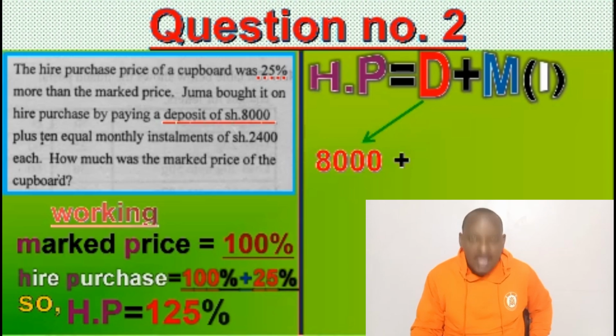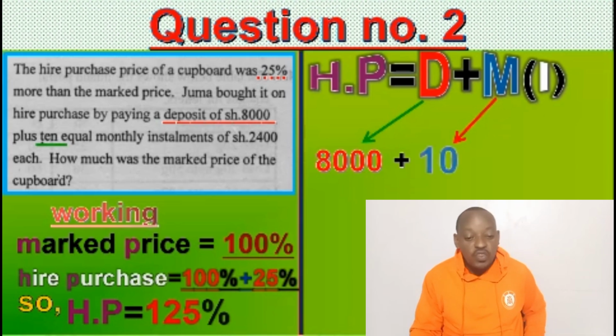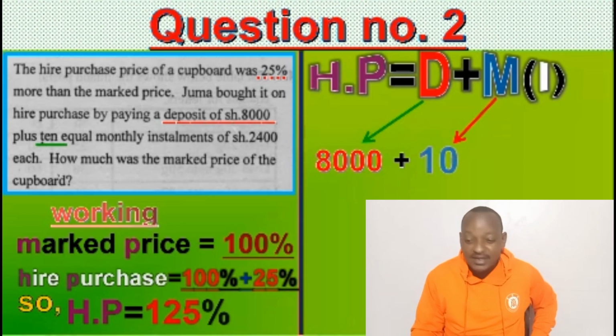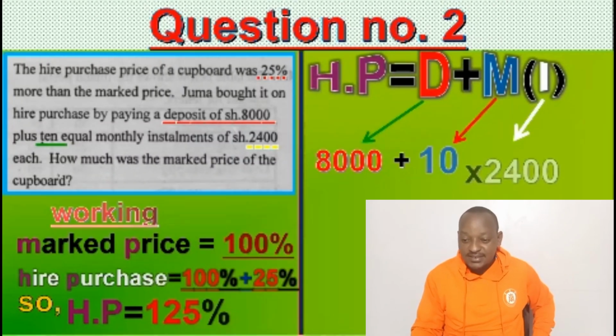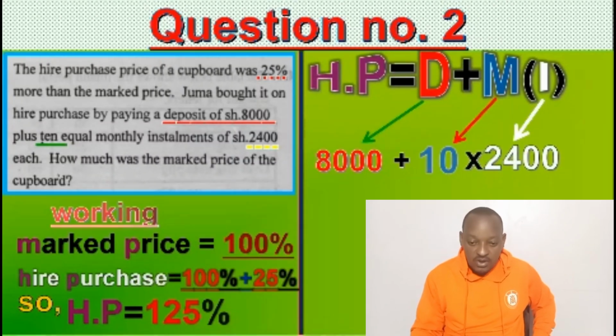So you write 8,000 plus the number of months, which we have been told is 10 equal monthly installments. Each month, 2,400. So we multiply. So our hire purchase will be 8,000 plus 10 times 2,400.